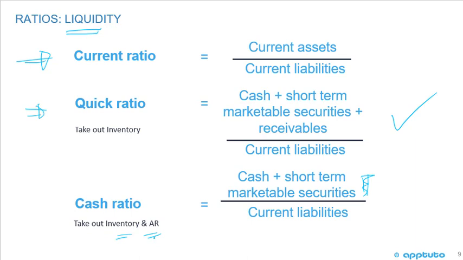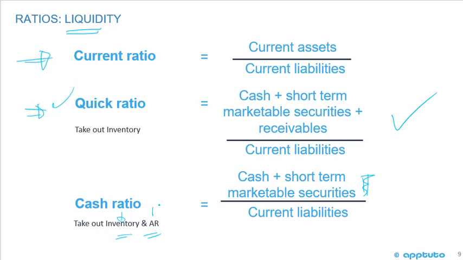Inventory and AR are current assets, but as we see in some cases, it's hard to sell the inventory. The inventory is not worth what it looks like on the balance sheet. If you look at the case of RIM, for example, and the inventory write-downs they had to take for the PlayBook, you'd understand why inventory at some time periods is not worth what it's showing. So to be more conservative, we take inventory out of the current ratio, and we've got the quick ratio.